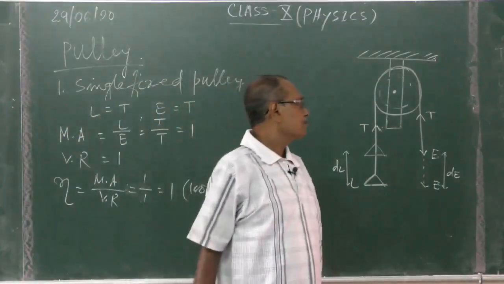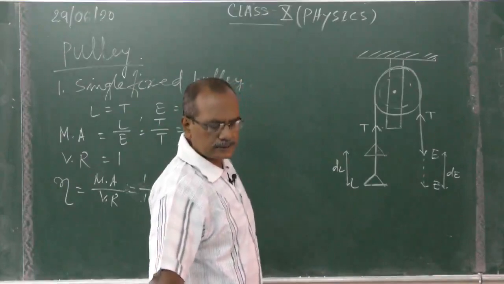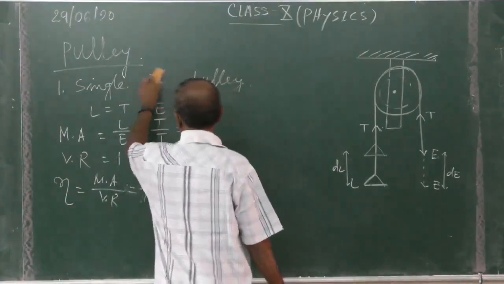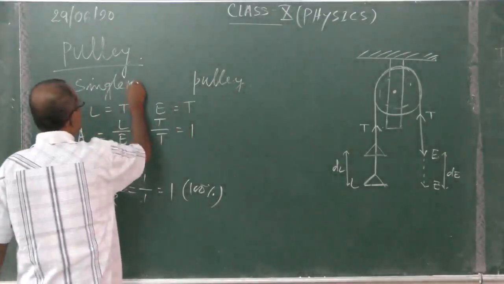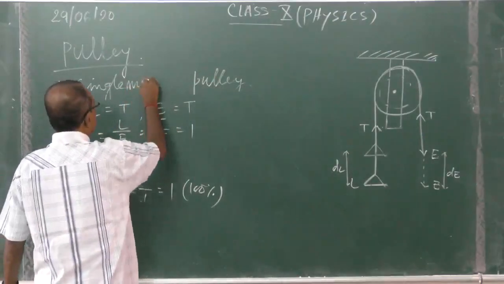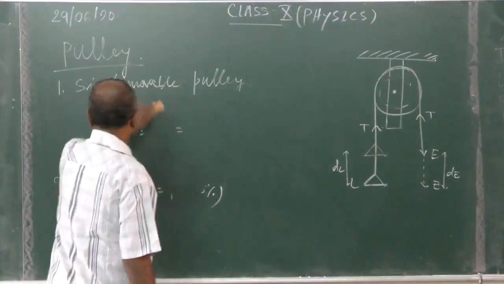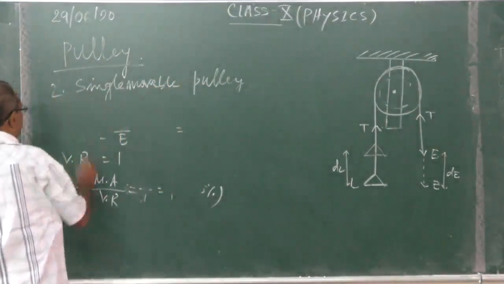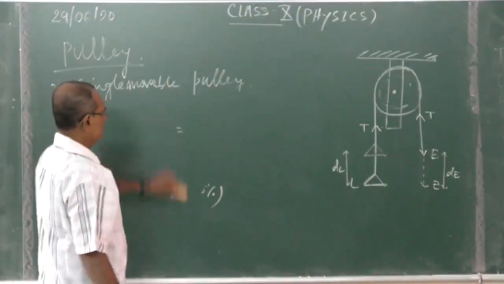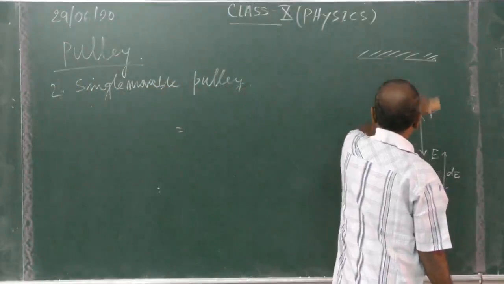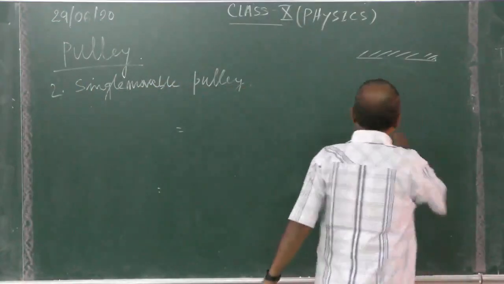Now, second case, that is single movable pulley. In this case, the rope will be fixed.